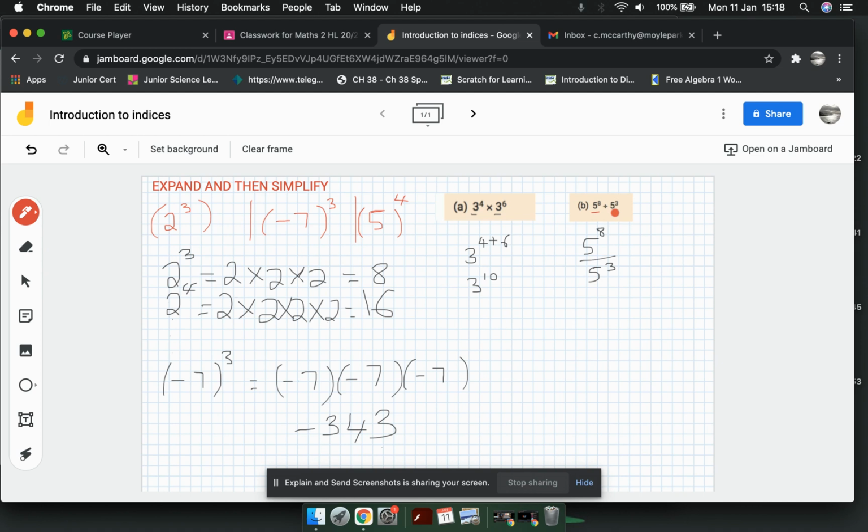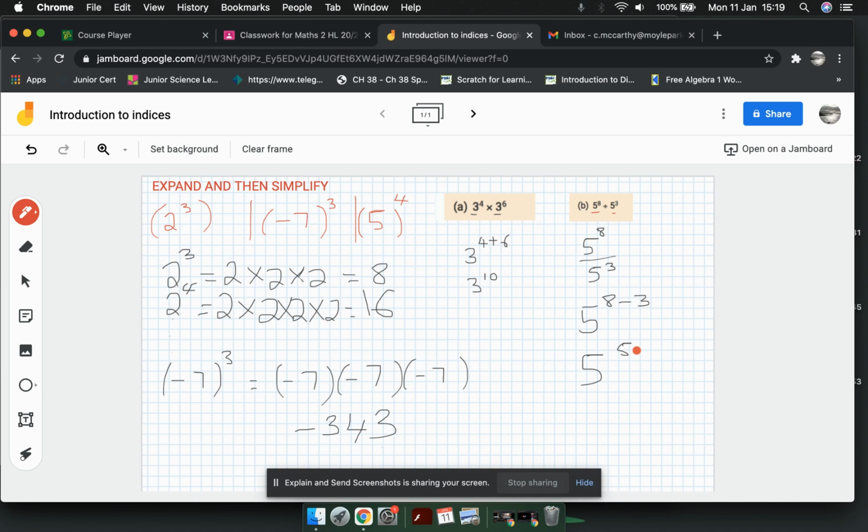What you're going to do in this case is keep the base number, which is 5, and subtract the indices: 8 minus 3. Because I've subtracted my indices, I end up with a value of 5 to the power of 5 for that one.